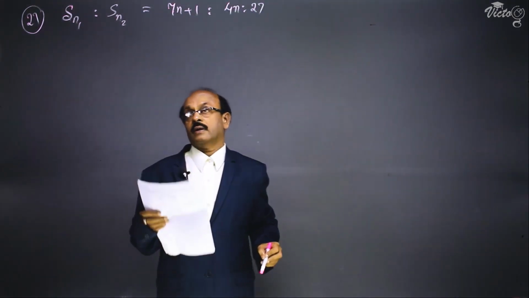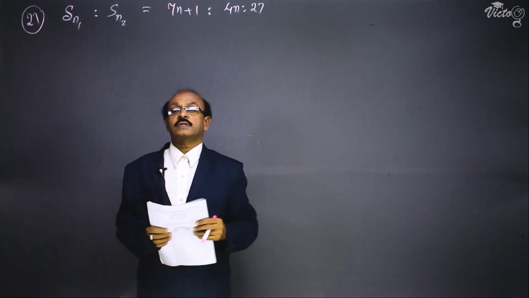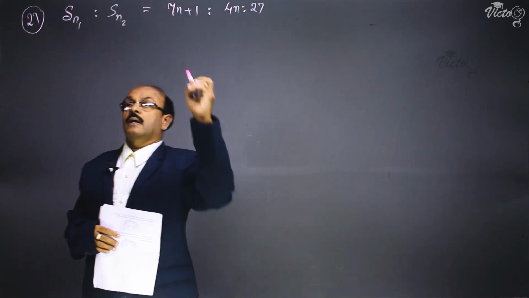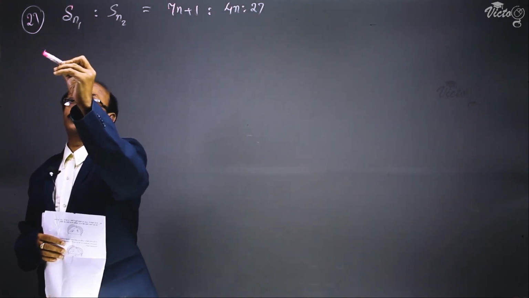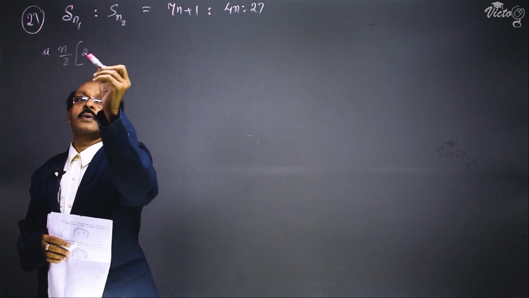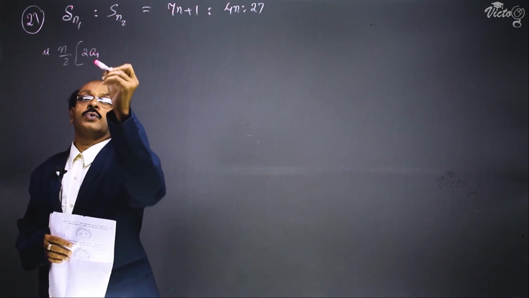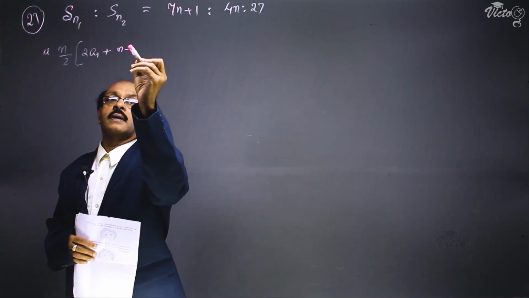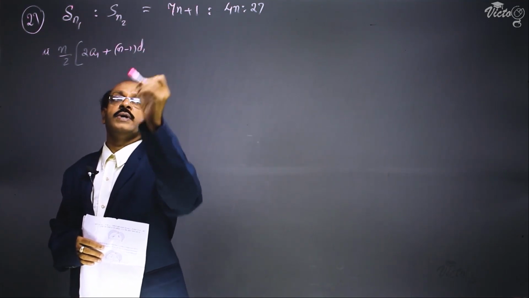This is given. The sum of the first n terms of the first AP we can write as n by 2 into 2a1 plus n minus 1 into d1.